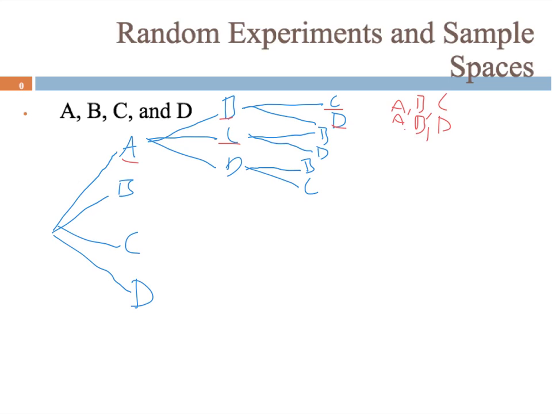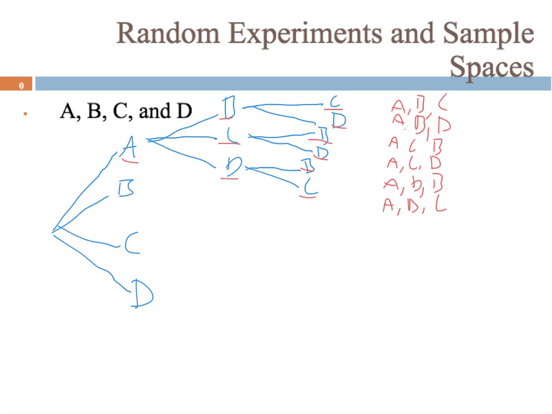The next combination would be A, C, B. Then we could have A, C, D. And then A, D, B. And lastly, A, D, C.